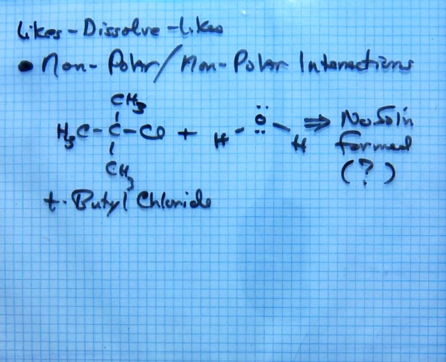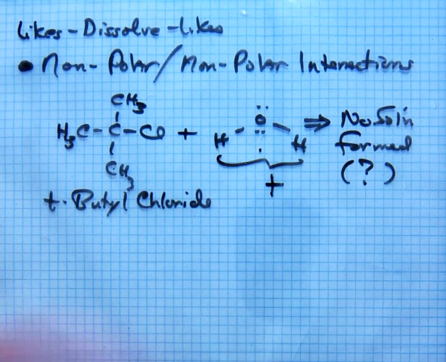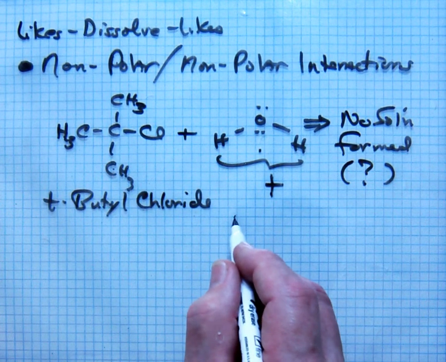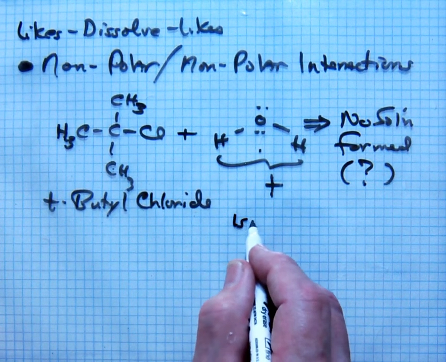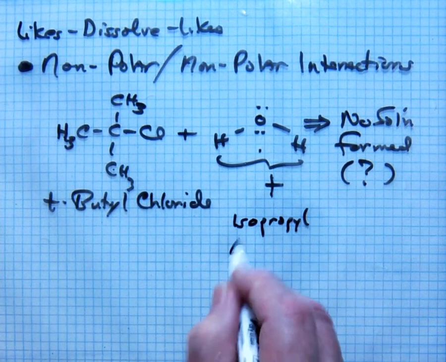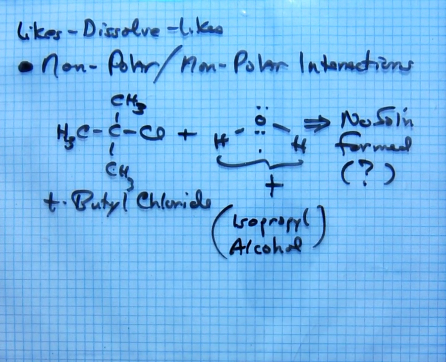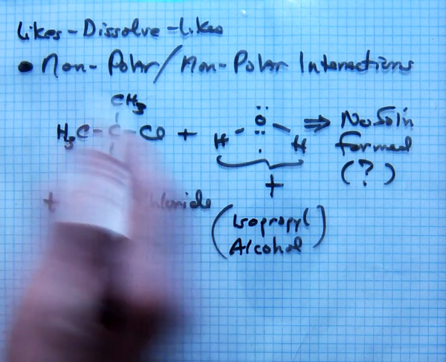So what do I do? Well, what I do with this is I add to that some isopropyl alcohol. So the isopropyl alcohol has a larger organic end to it that will interact with the organic molecule over here.